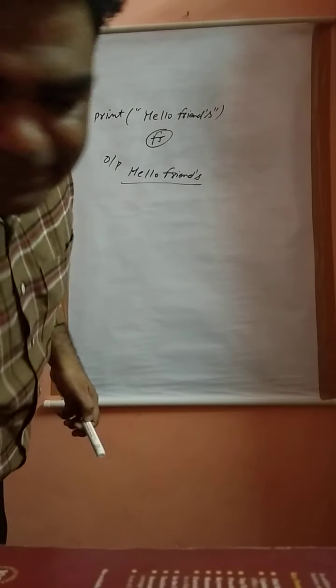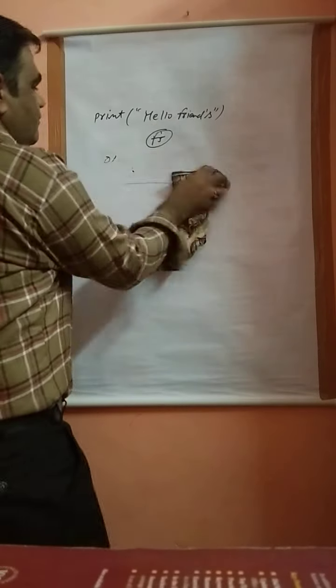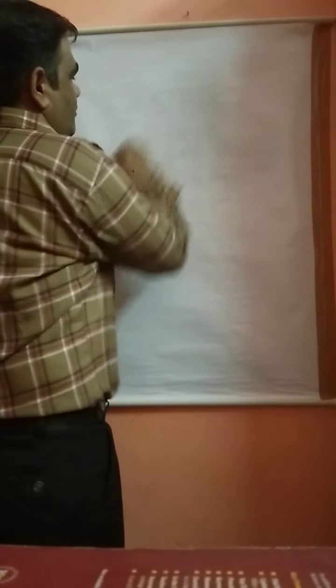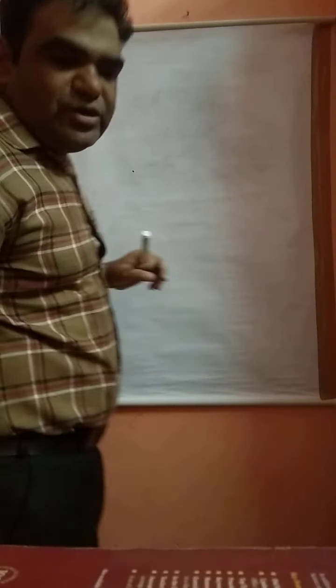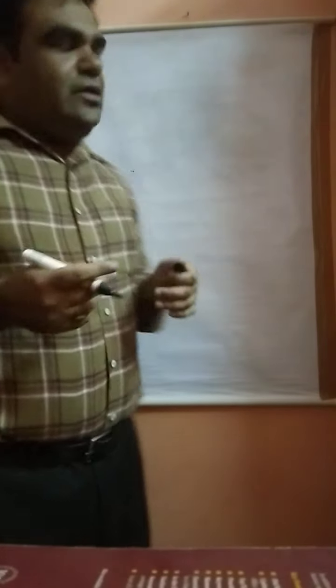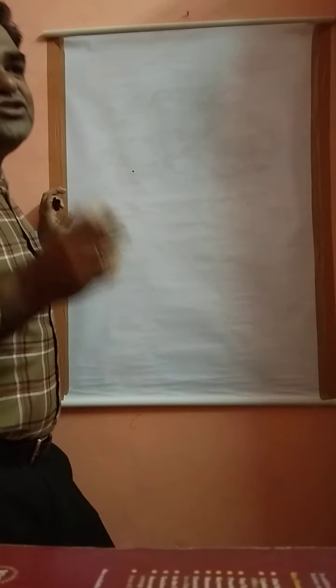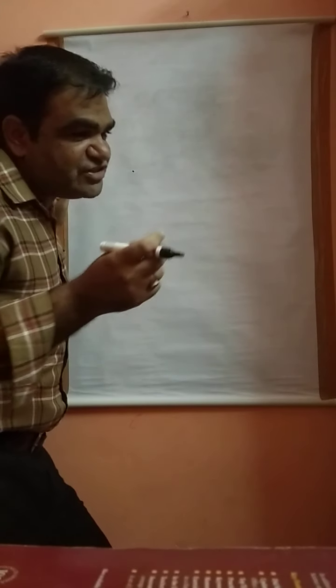So I just write a program with the help of the function. So my dear student, I have already told you that function is the combination of the function call and the function definition. So before making a program with the help of the functions, you have to declare the function call or function name.